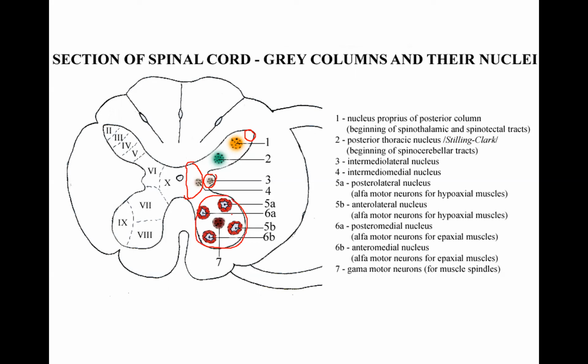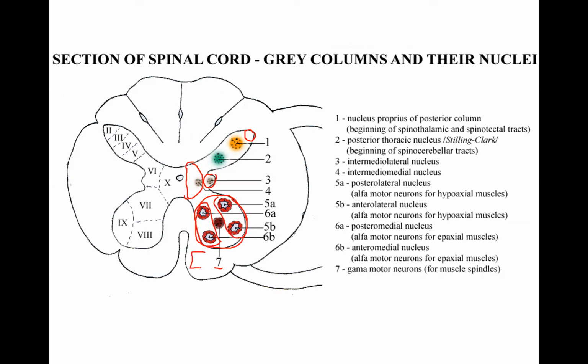So we can start with these because they are the easiest. These we call according to the position. So number 7 is central, number 6 are medial, so anteromedial and posteromedial, and number 5 are lateral, anterolateral, and posterolateral.